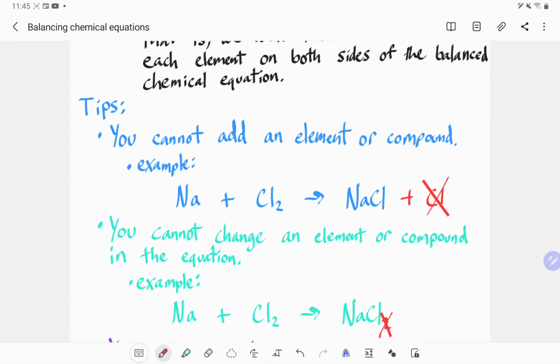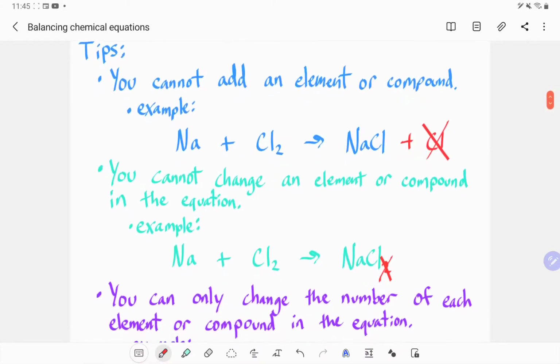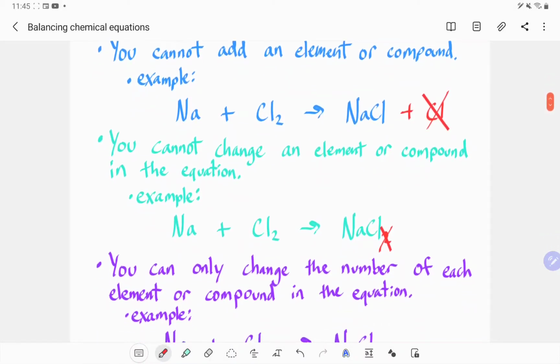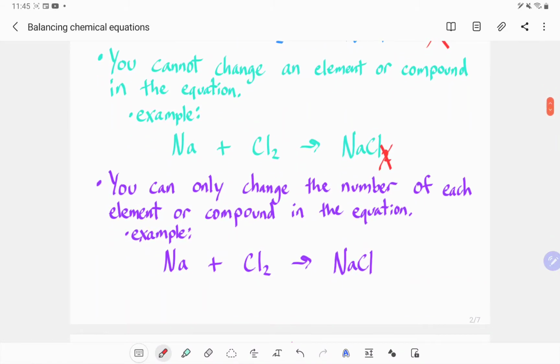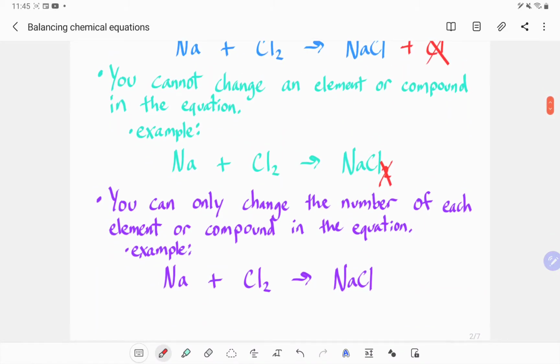It's completely different from NaCl. So we cannot just add a number to the subscript of any compound or element. That is another way that we cannot balance a chemical equation. Yes, the equation is going to be balanced if we do it that way, but it is not correct at all whatsoever. No credit.